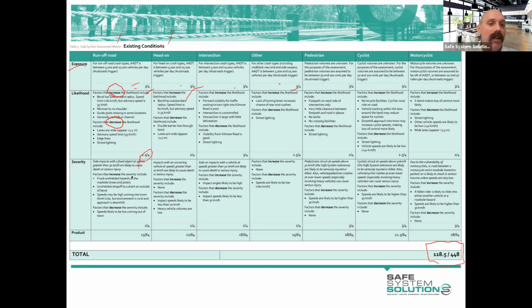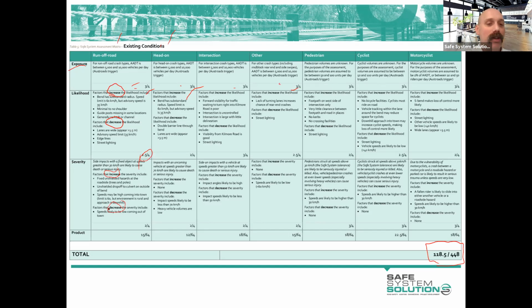And then the severity. Just like the likelihood, you write a whole lot of things that increase the severity, maybe the speed, the heavy vehicles, the rigid power poles, or the like. And anything that might decrease it, again it could be the speed, it could be barrier systems, it could be anything absorbing the energy.